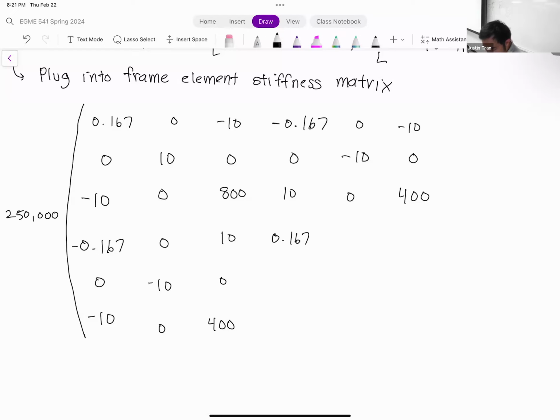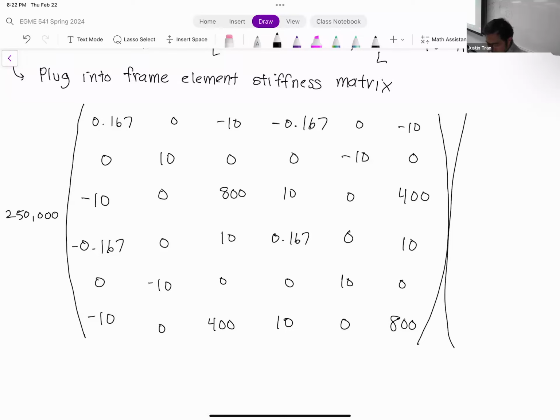Next row, we have a 0.167, 0, and 10. Okay. Second to last row, we have 10 and 0. And our very last entry down here is 800. All right, and then we're going to write in the degrees of freedom here. So d1x, d1y, theta 1, d2x, d2y, theta 2.